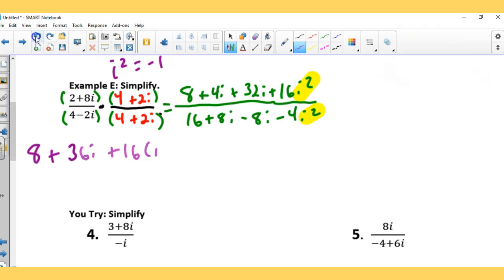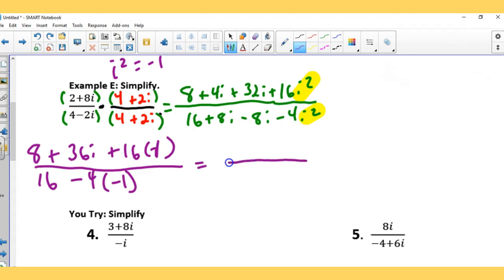Let me write that better. There we go, -1. Now at the bottom, we have 16. Combining like terms, 8i minus 8i is 0. And we have -4 times -1. That's positive 4. Now we go ahead and simplify everything.